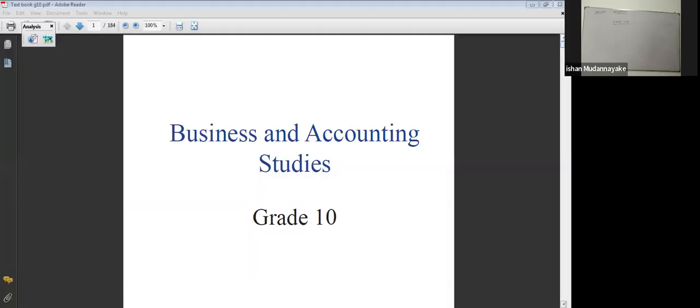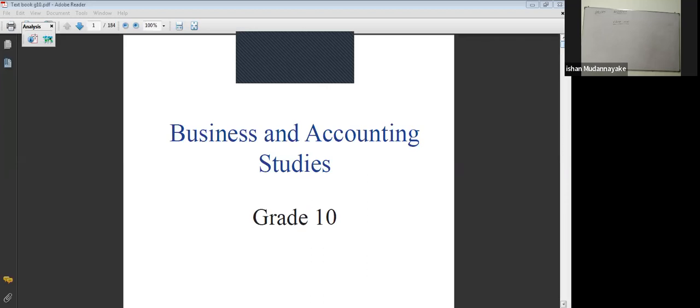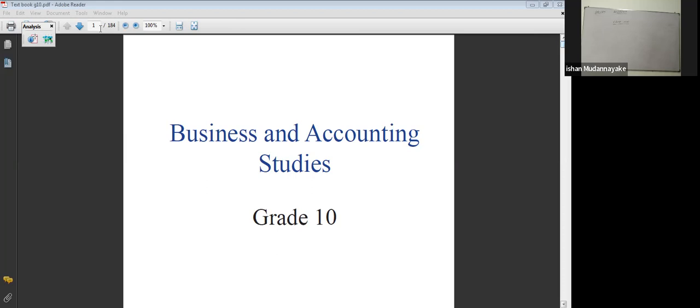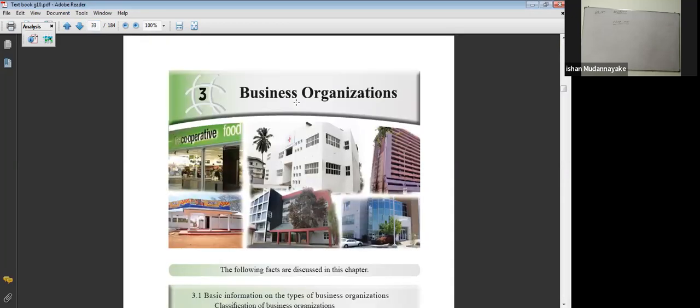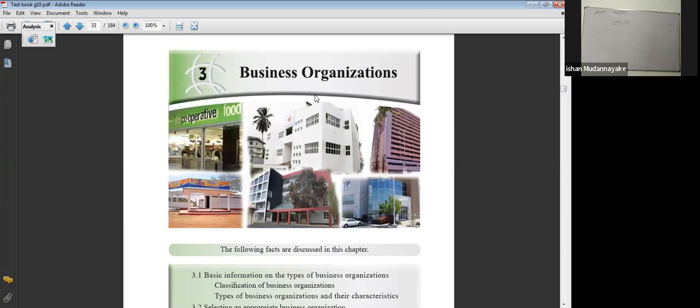From page number 23 onwards we started to discuss business organizations, and under it we discussed the different methods that can be used to classify a business organization.